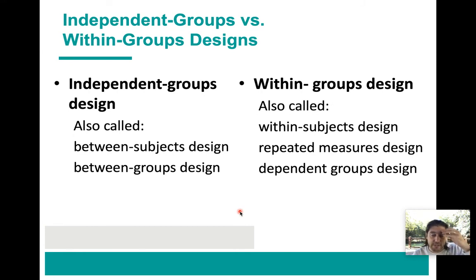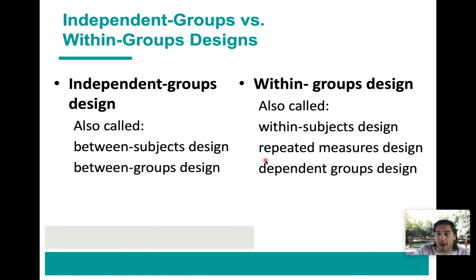So an independent groups design is one in which I split my participants, like we've mostly been talking about. I split them into multiple independent groups, and those groups are separate and different from each other. So the people in the medication group are a whole different group of people from the people in the placebo group. It's 50 people and then 50 other people. In a within groups design, what ends up happening is that I measure the same people over and over again.